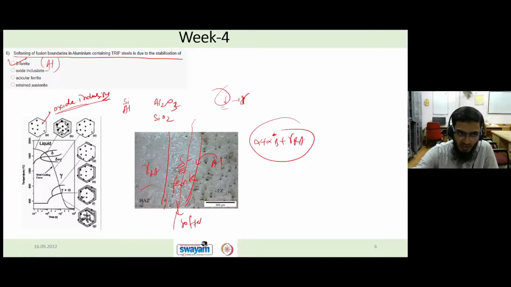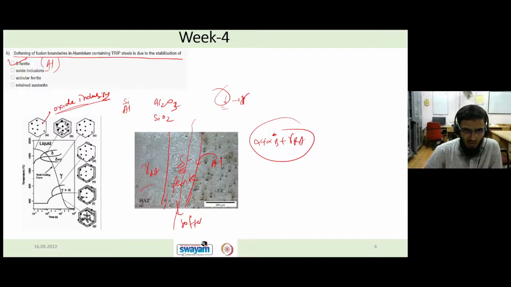For your hint, in the earlier problem I showed the sequence of microstructural constituent formation, so I will repeat it. When you have liquid steel and start cooling it, the first thing that forms is the oxide inclusion.